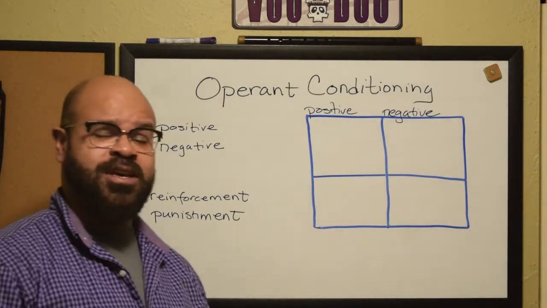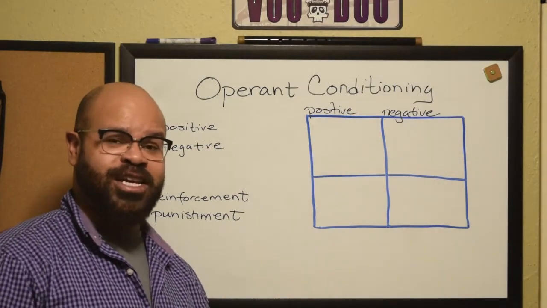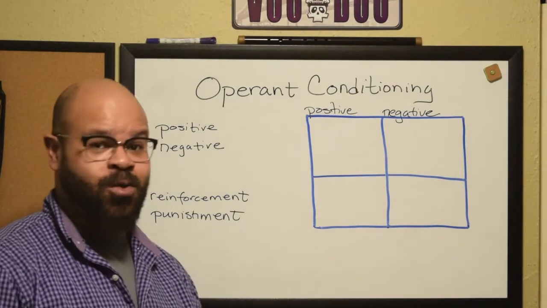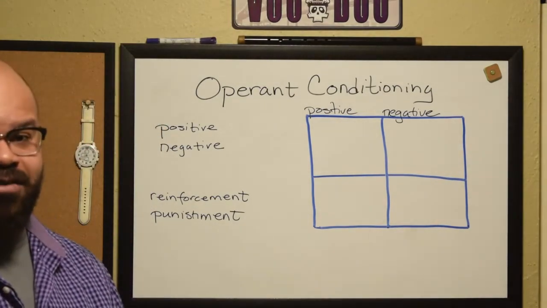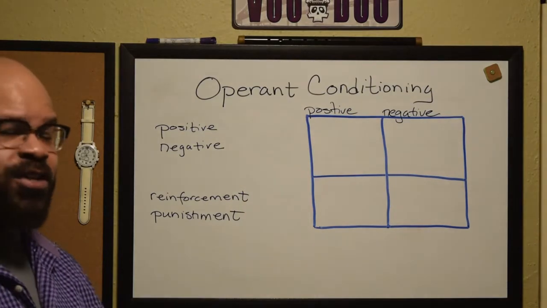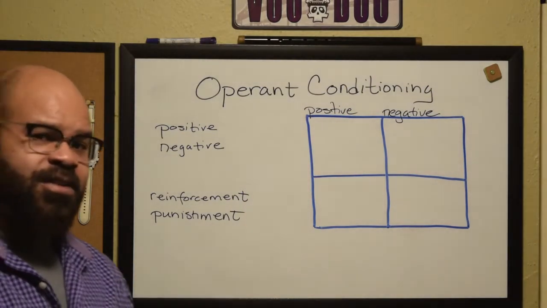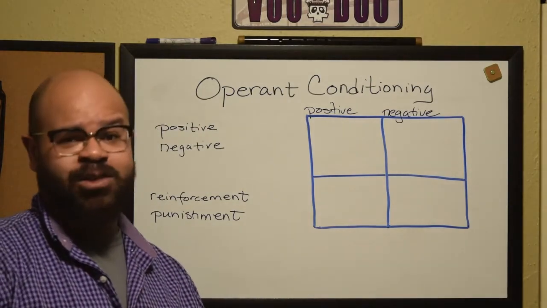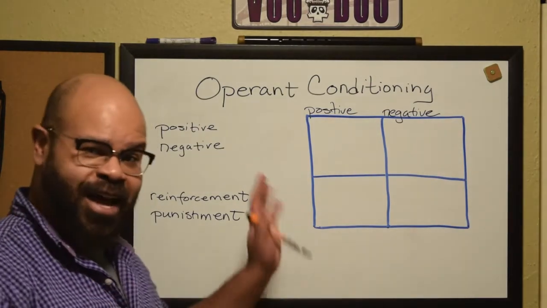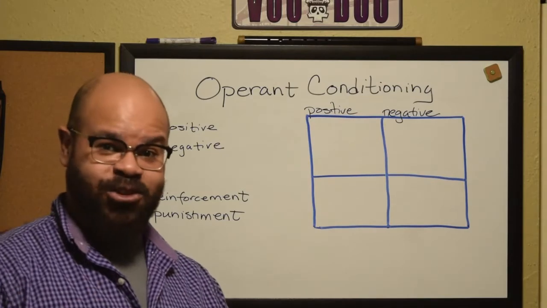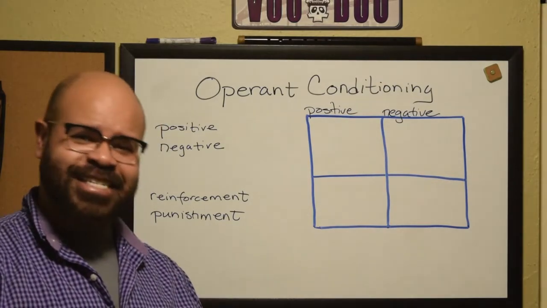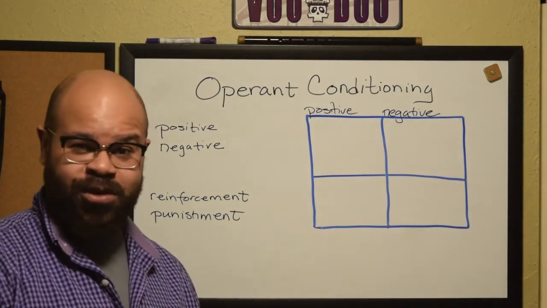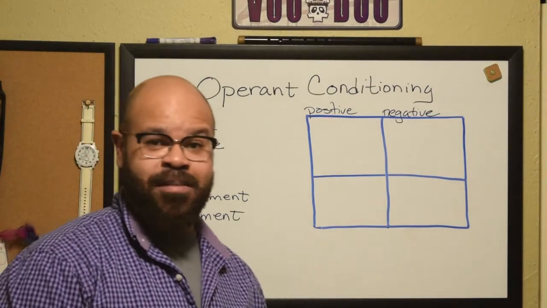Reinforcements always increase behavior. This is important because sometimes we might give something that we think of as a reward, or think of as good, and it's actually neutral to the person we're giving it to, or maybe it's even a punishment.